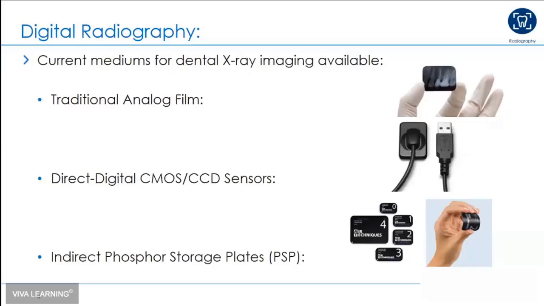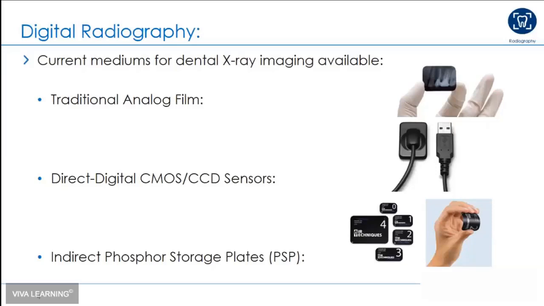And of course, we have phosphor plates, as you see here, which are quite flexible and very similar to analog film. And this is something that, having had the opportunity to play with both, I do have both in my office, but I tend to go more for digital radiography. Those are basically the kinds of apparatus that you use.